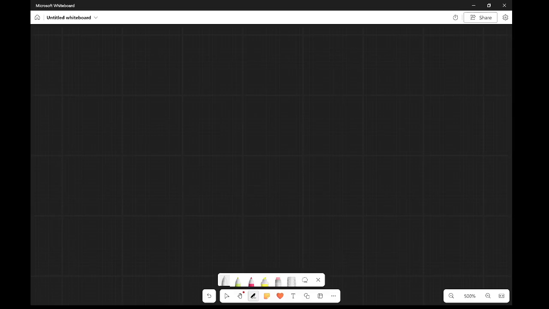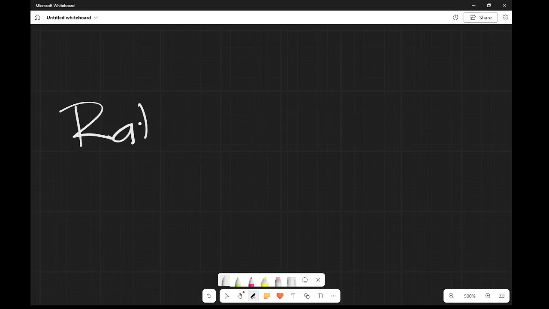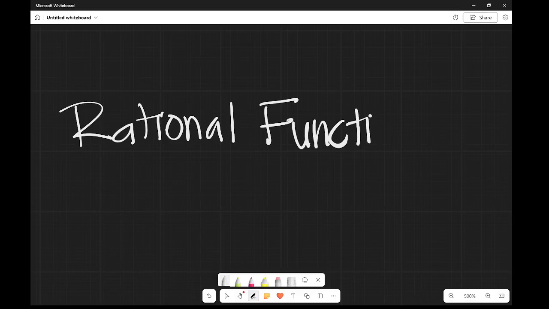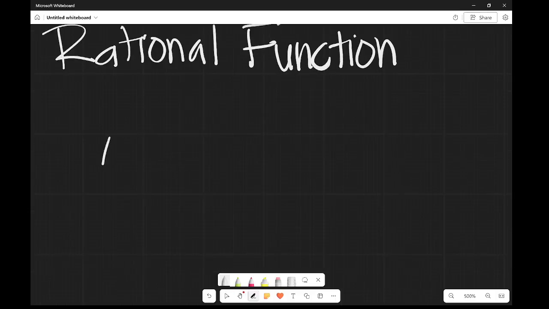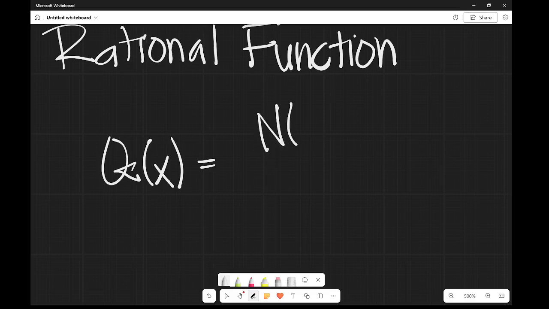Today we're going to be plotting a rational function, and that's going to be the main idea: putting some rational function on a graph. If you remember, a rational function is just one that can be written in the following form. The rational function in terms of x is some numerator function in terms of x divided by some denominator function.